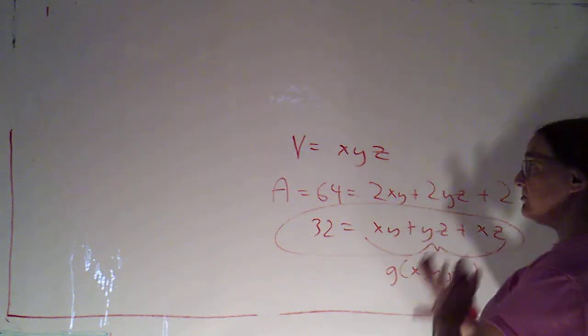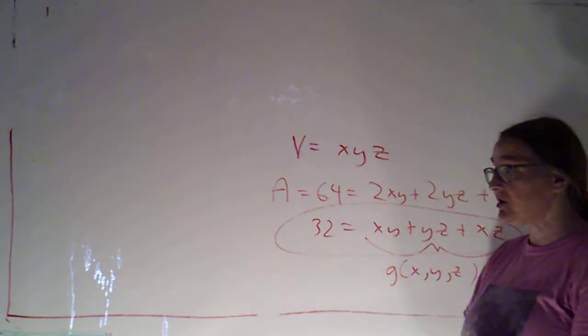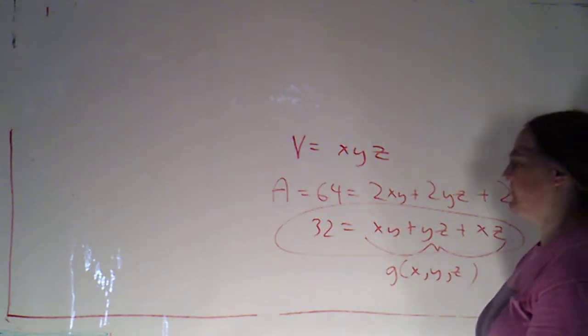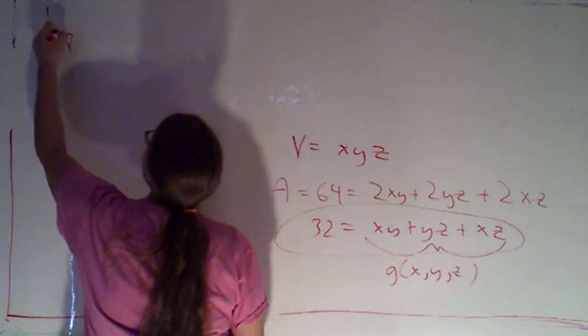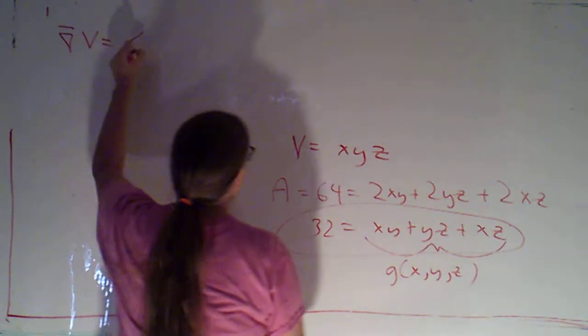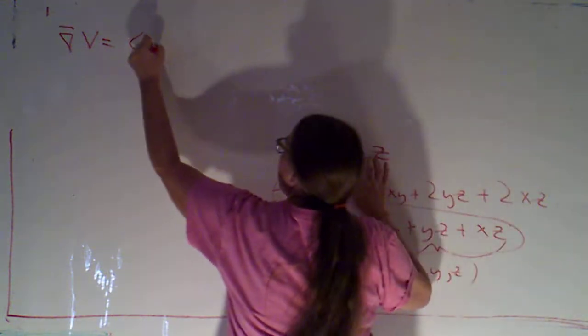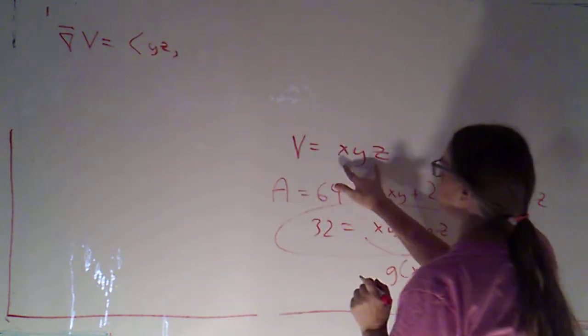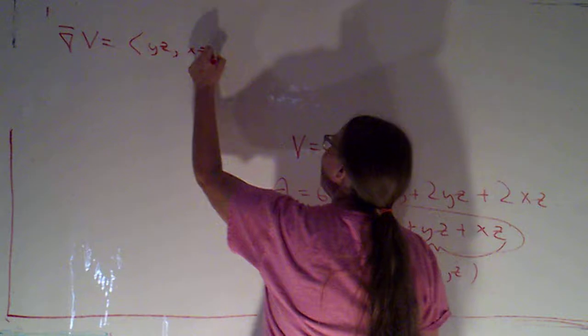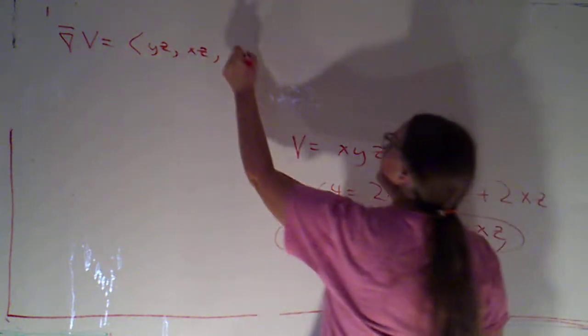Okay, but here I'm just working on a constraint equation. I'm just going to use Lagrange multipliers. So the gradient of v, well, the partial with respect to x will be yz, the partial with respect to y will be xz, and the partial with respect to z will be xy.